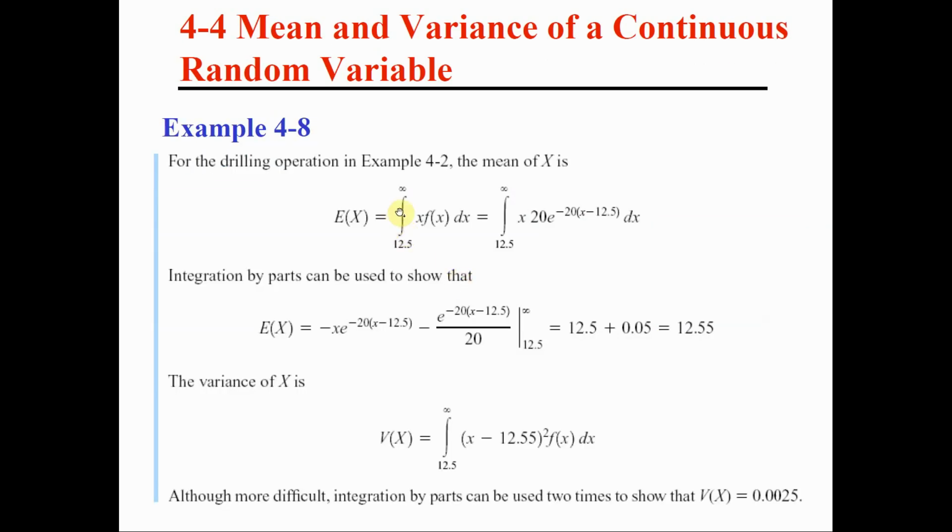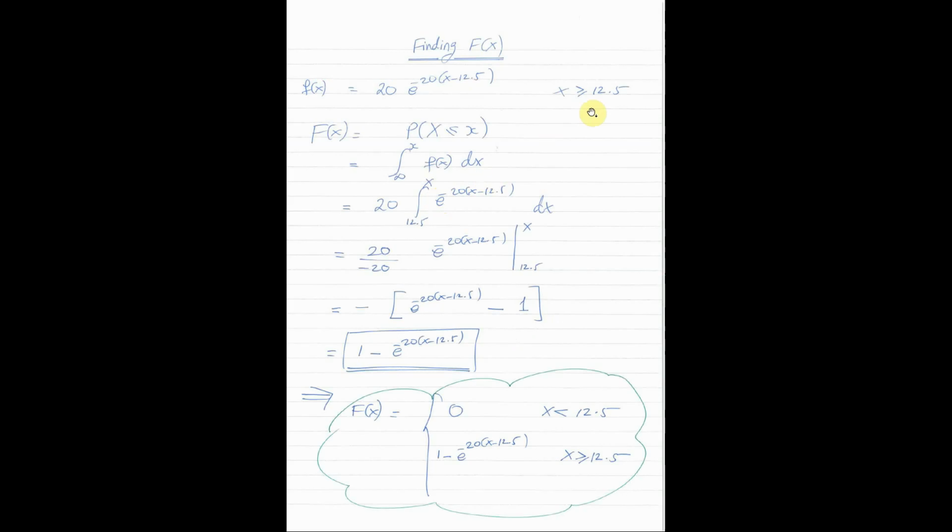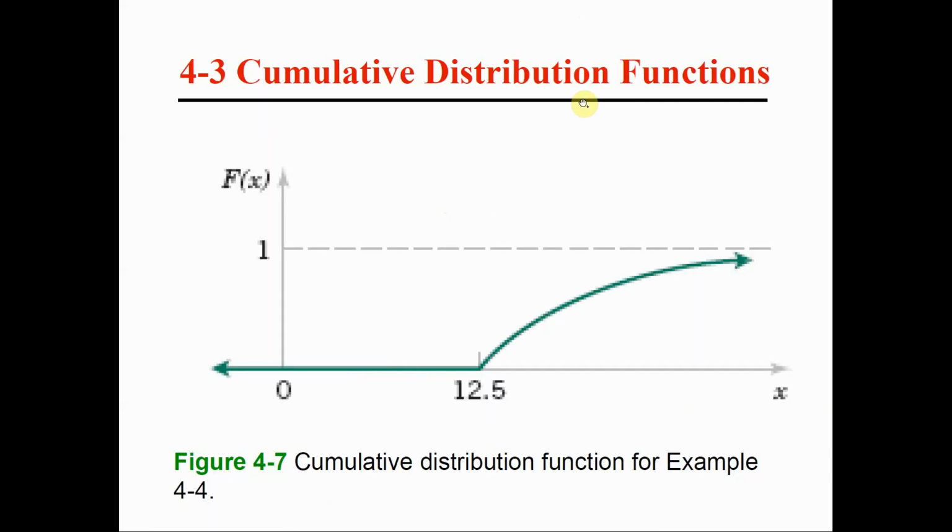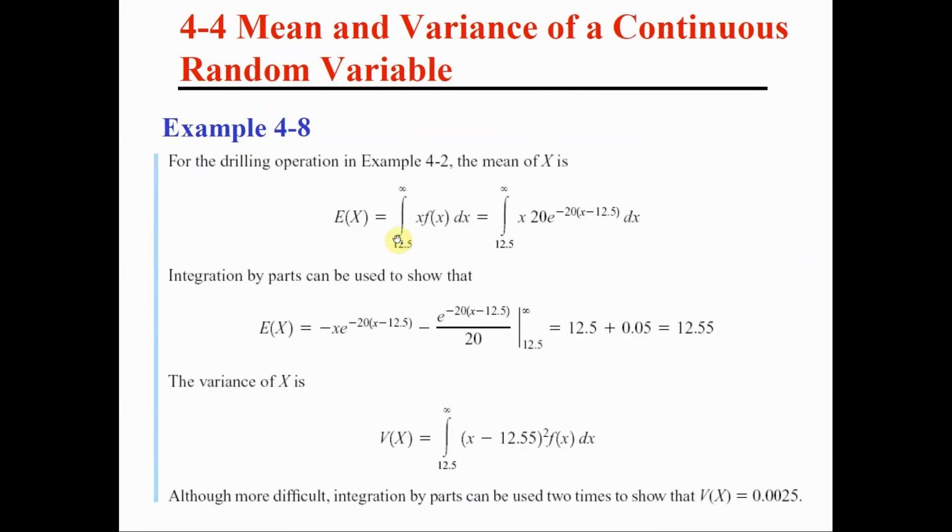So the expected value is the integral of x times the function f of x dx from minus infinity to infinity. However, in our example, the variable starts from 12.5, so the integral is from 12.5 to infinity of x times the function dx. Here we have an x multiplied by an exponential, which requires integration by parts. So you see the details here, and we can obtain the final answer.